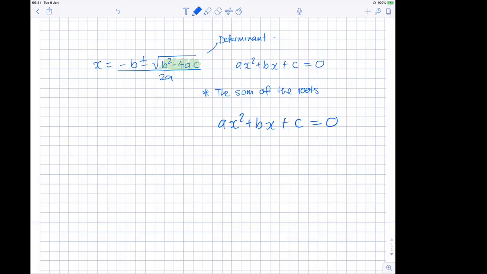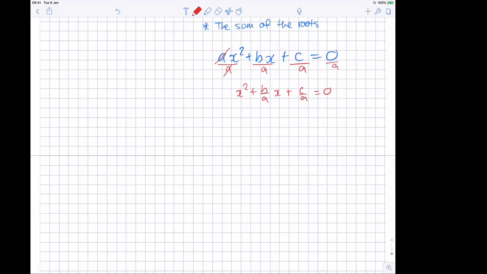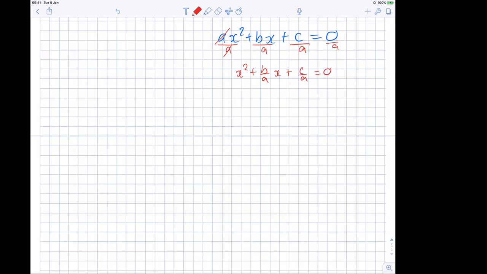Right, so what we do is we divide everything by A, because we want this A to cancel out. Then we have x squared plus b over a x plus c over a equals 0. Right? Then once we've done that, this becomes the sum and this becomes the product of the roots.